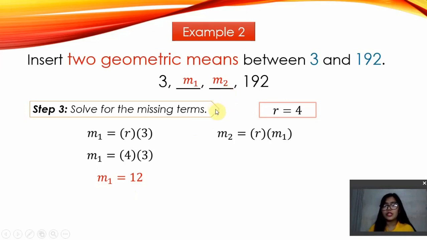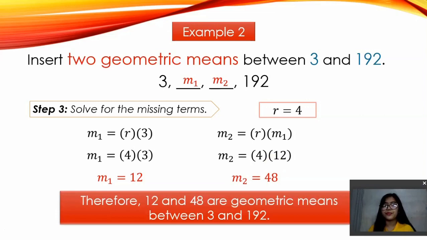M sub 2 is the product of the term before it, m sub 1, times r. So, substitute natin. r is 4, m sub 1 is 12. Getting their product, we will get 48. Therefore, 12 and 48 are geometric means between 3 and 192. So, nakuha ba?